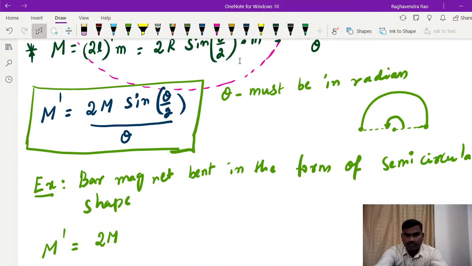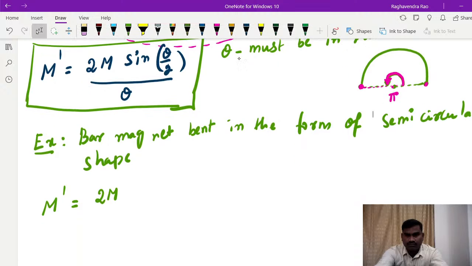Now, as it is bent in the form of a semicircle, this is one end of the bar magnet and this is the other end of the bar magnet, which makes an angle at the center like this. So this is 180 degrees or pi radian. So 2m, sin of 180 by 2 is sin 90, which is 1.